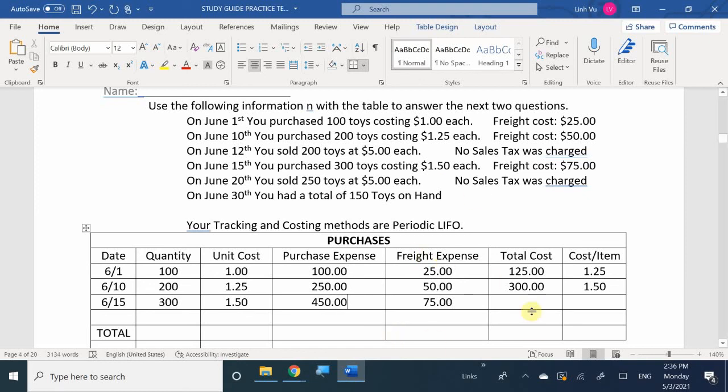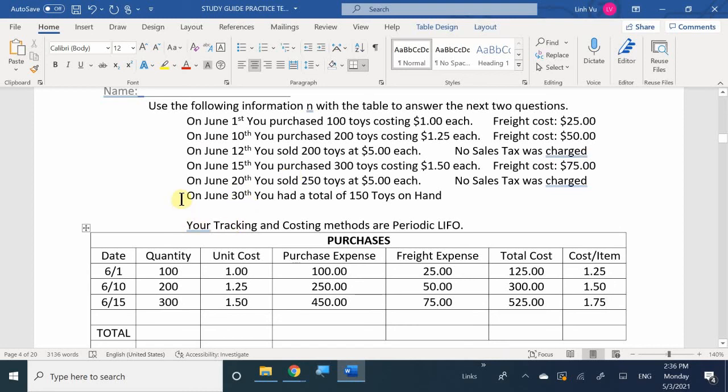And my total cost? 525. And what is my cost per item? $1.75. Okay. Then what happened on June 20th? Sold 250. We don't care for that.